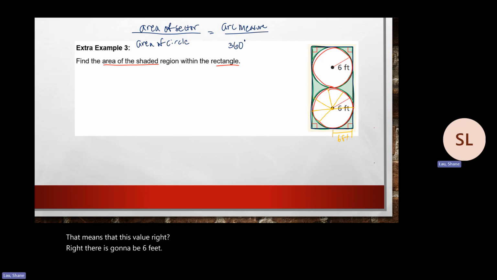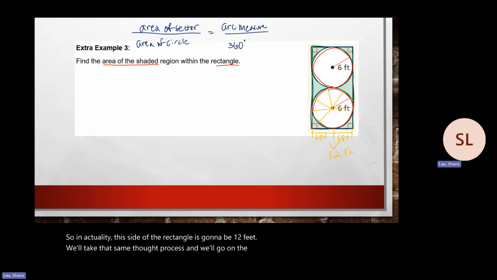The same exact way, if I found it on the other side, this value right here is going to be 6 feet as well. So in actuality, this side of the rectangle is going to be 12 feet. We'll take that same thought process and go on the other side.